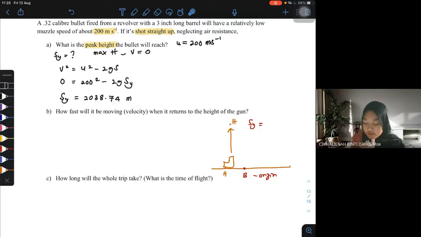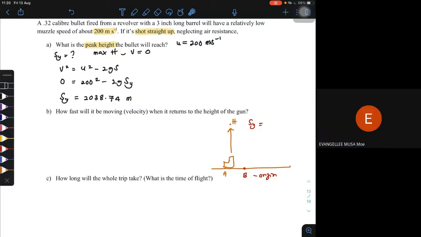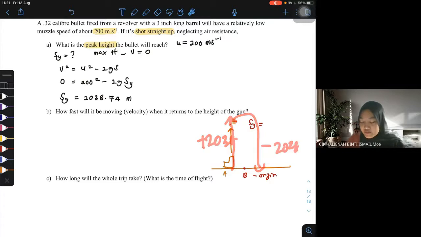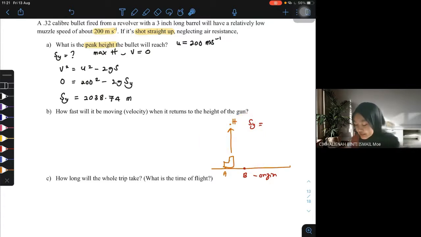Why do you think so? Because it returns to the origin. From here to here it is positive 2038.74, and then when it falls back it becomes negative 2038.74, so they cancel each other. For displacement we must include positive and negative. That's why when it returns to the origin, Sy is equal to zero.